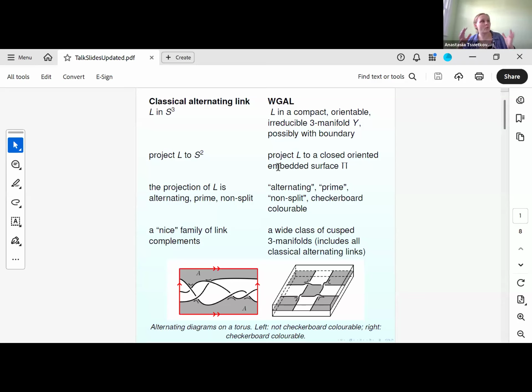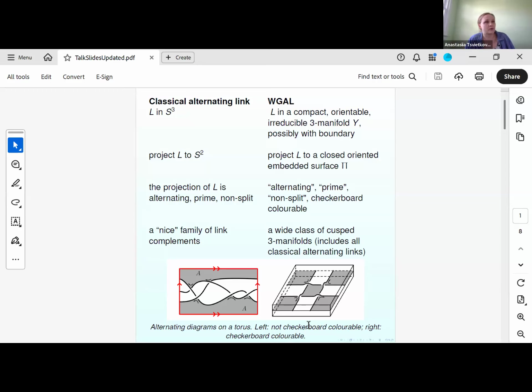All right, so what is this mysterious family, these weakly generalized alternating links? And this goes back to Hovey and Purcell, so actually back to Josh Hovey's thesis, but also his work with Jessica Purcell. So instead of considering links in three-sphere, we are now considering links in a compact, orientable, irreducible manifold.